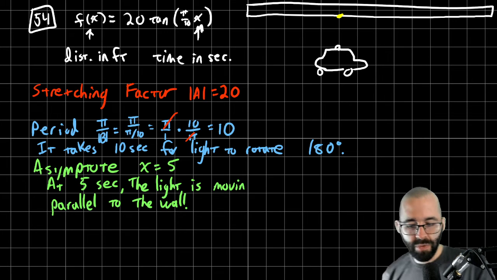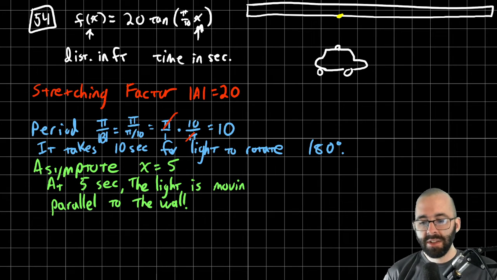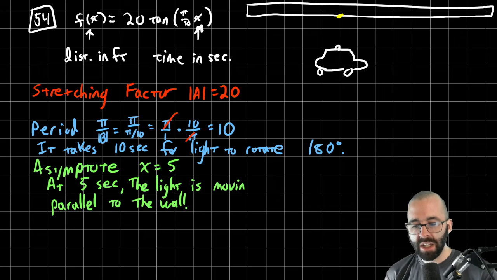Stretching factor now. The stretching factor has to do with the y values. So normally, if we go a quarter of the period, halfway to the asymptote, either way it's 2.5, we go 2.5 seconds, normally we'd move 1 foot, but we're moving 20 feet instead.